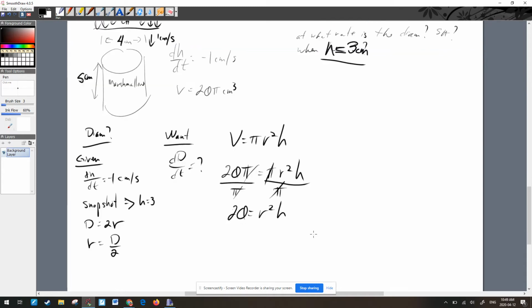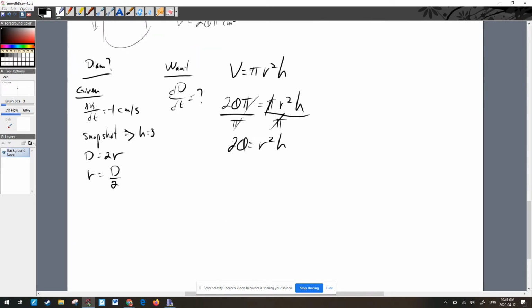This is where we have some discretion in our solution. You can substitute radius in terms of diameter and work in terms of diameter. Alternatively, we could solve in terms of r, find dr by dt, and then solve for dd by dt. Both of those methods are going to work.